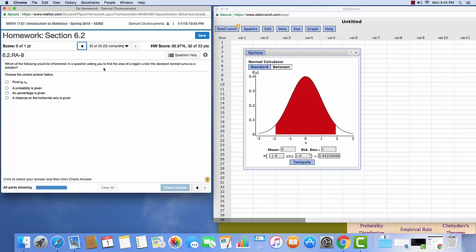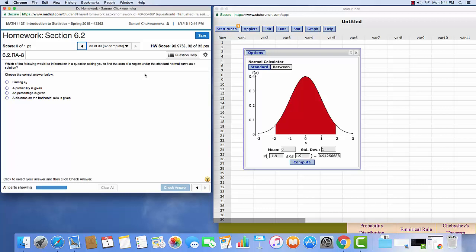So remember this question, they're asking you to find the area or the probability. So that means they should give you the Z-score or the variable for you to be able to find the area. The area is the probability or the percentages. So if they're asking you to find the area or the probability, that means they must give you the Z-score or the value of the variable.